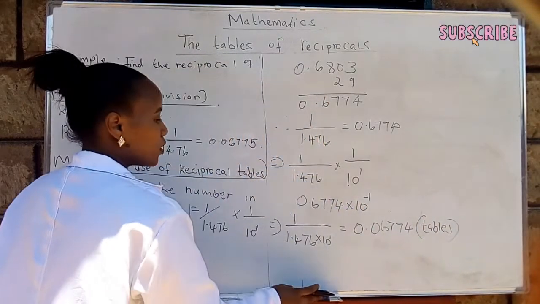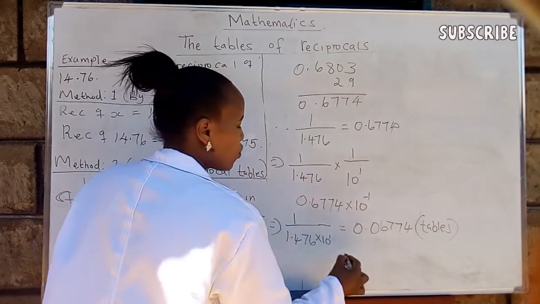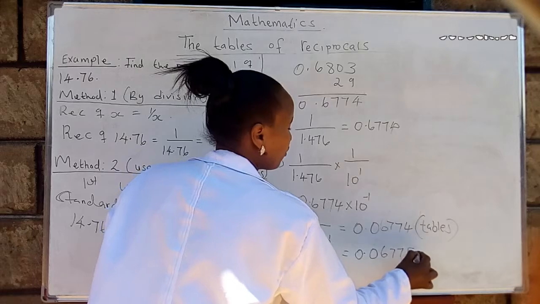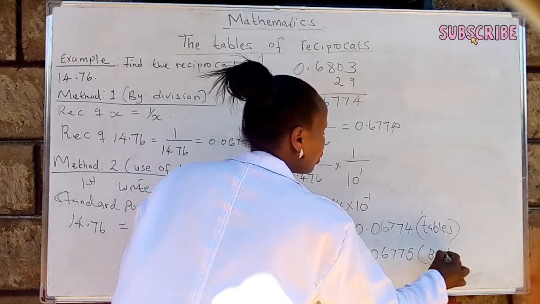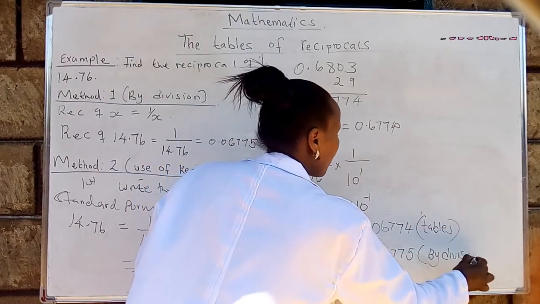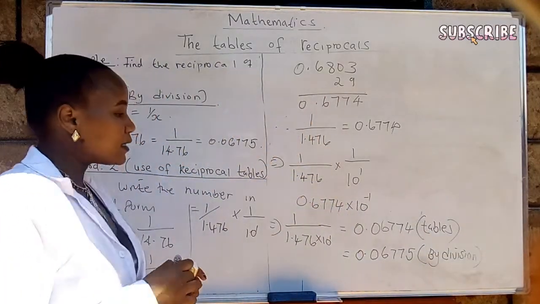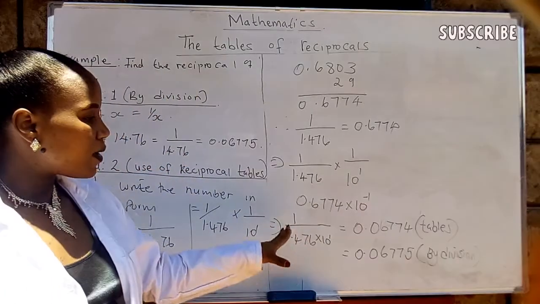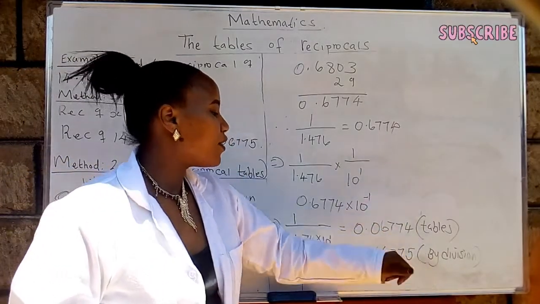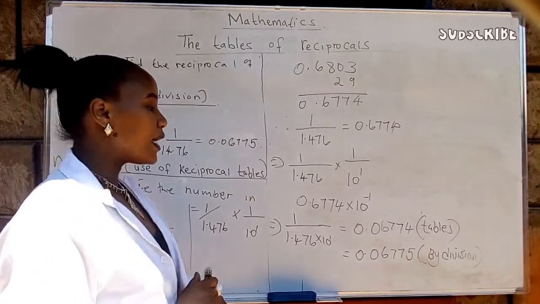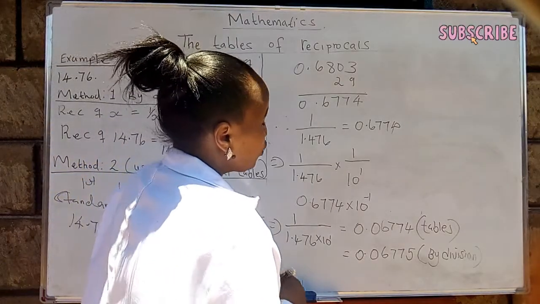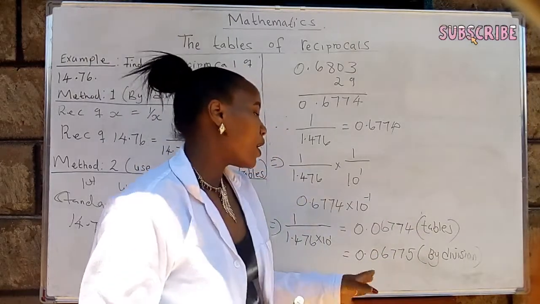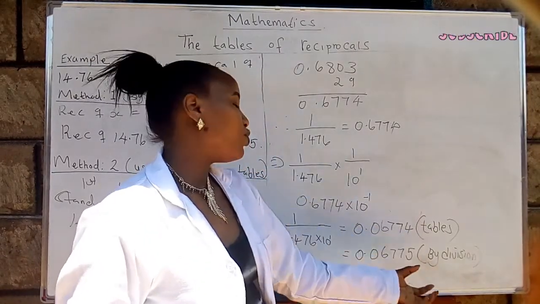And remember, the answer by division method was 0.06775. So if you look at that, there is a slight difference between the reciprocal of numbers from the tables and by division, and therefore you cannot lie to your tutor that you used the tables when instead you used the division.